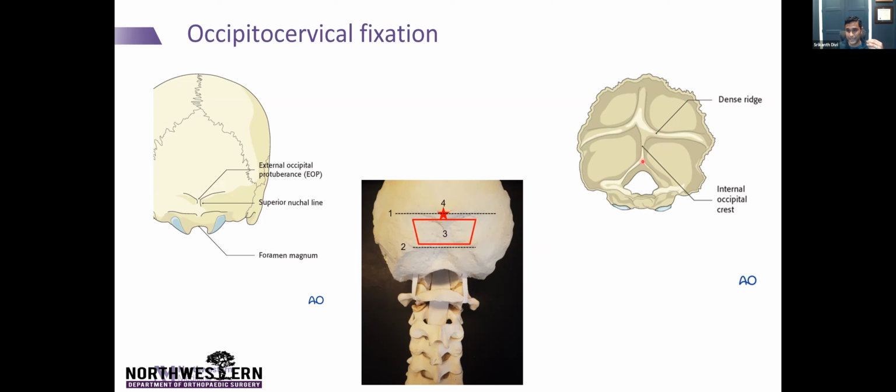So if you're aiming your screws midline into there, that's going to be the densest part of your bone. Typically we probably don't do this, but neurosurgeons, if they do a posterior fossa decompression or a suboccipital decompression, this is where they do it. We don't want to go up past this inferior nuchal line, but it's generally this area.